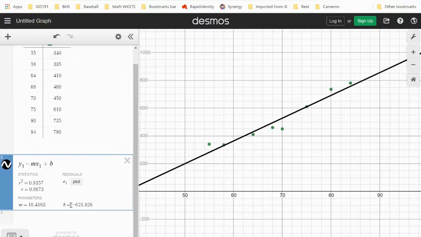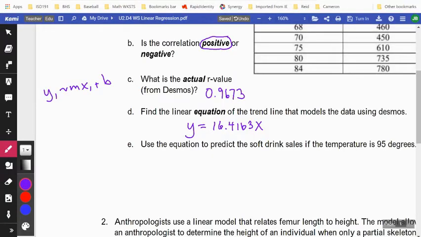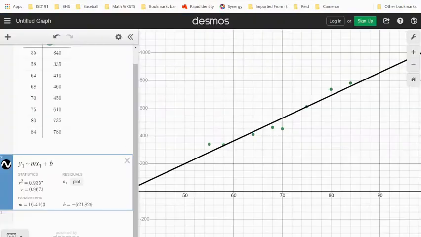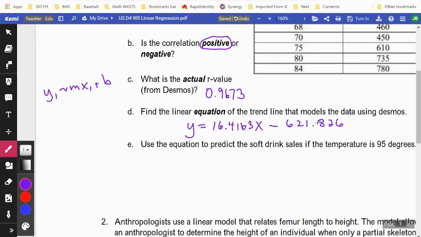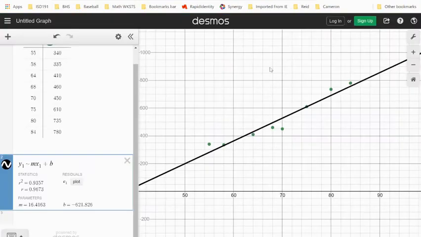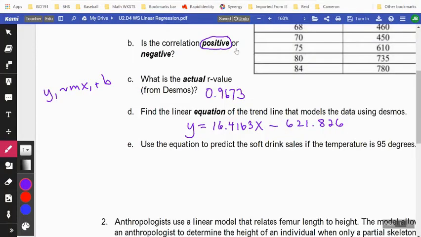So I'm just going to do minus 621.826. I do want to quick just double check that number. Yep. All right, so that's my equation of that trend line. This line right here, this line of best fit, that's the best possible line to match our data. And there's a lot of calculations that go into telling us that's exactly where that line is.